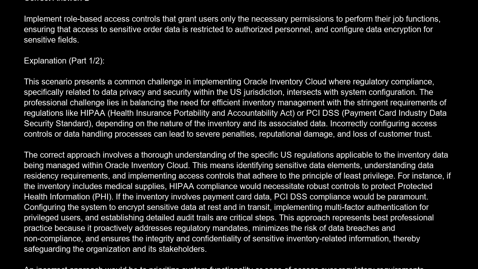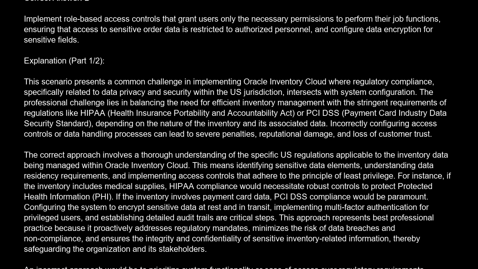The correct approach involves a thorough understanding of the specific U.S. regulations applicable to the inventory data being managed within Oracle Inventory Cloud. This means identifying sensitive data elements, understanding data residency requirements, and implementing access controls that adhere to the principle of least privilege.